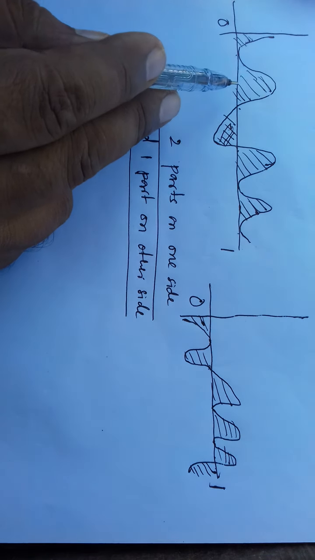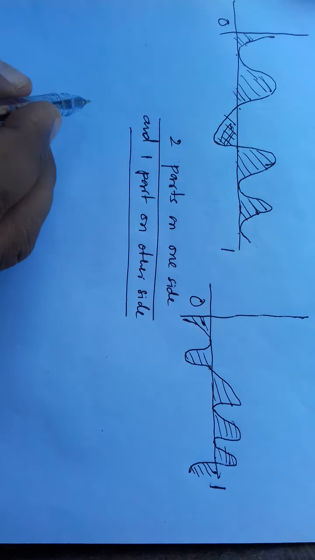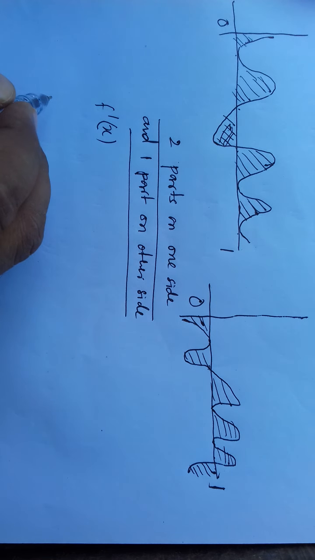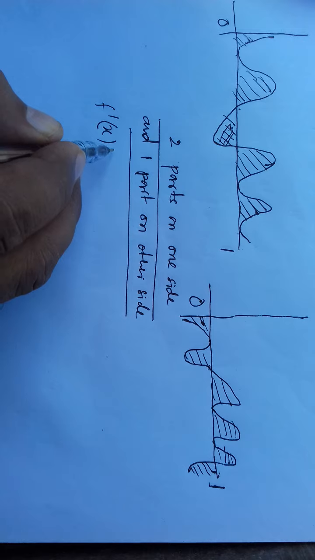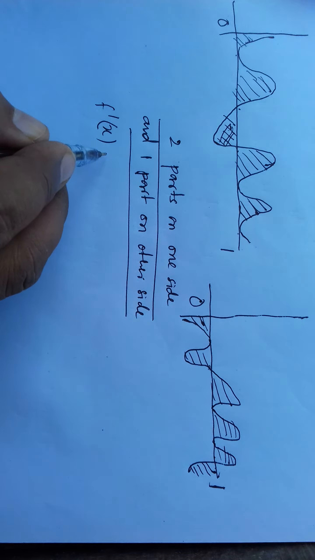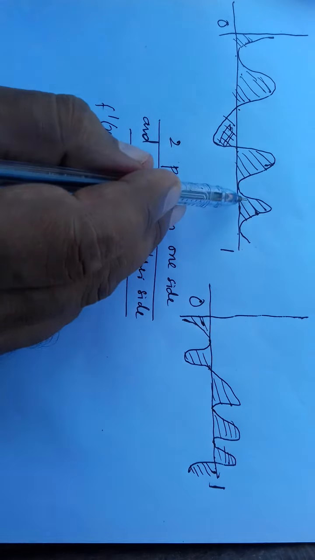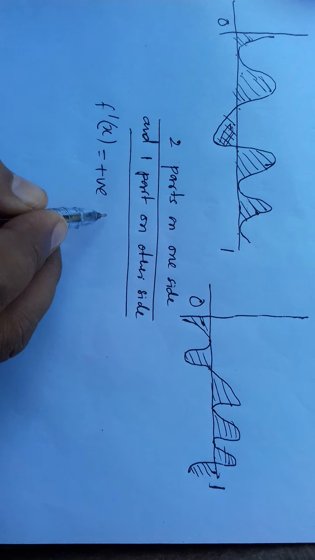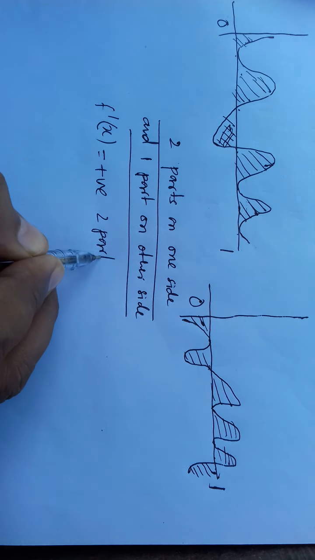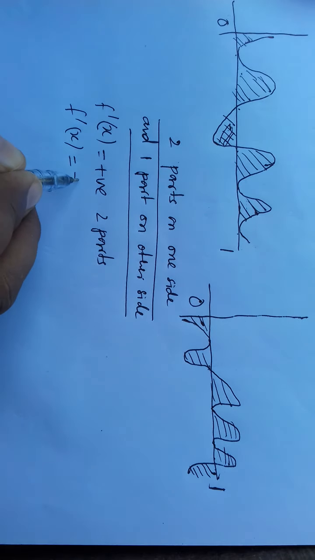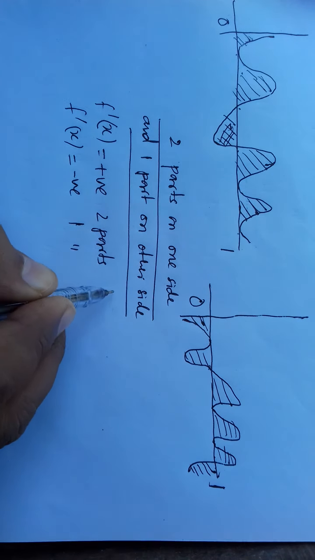Now you know that suppose in the first graph, f dash x is positive for the first part, and for this part positive, so two parts positive. f dash x is negative for one part.